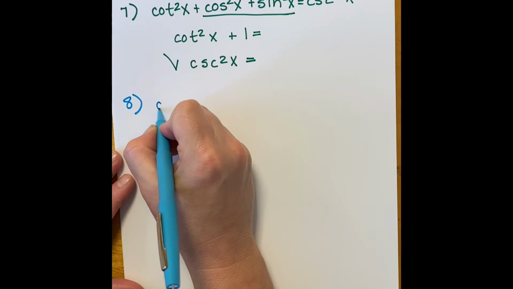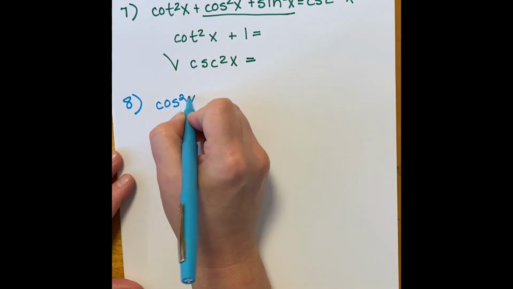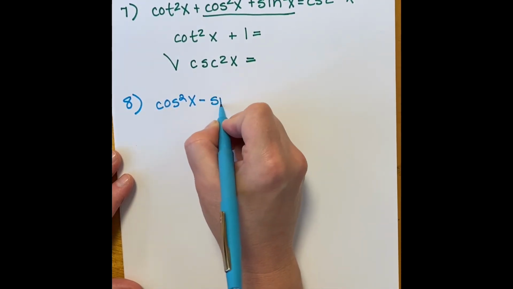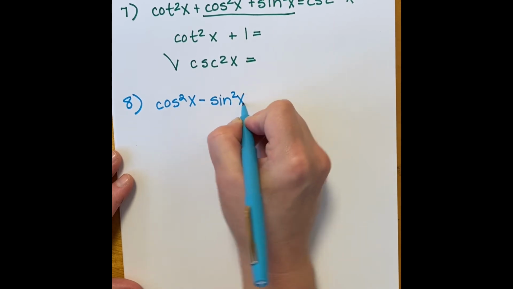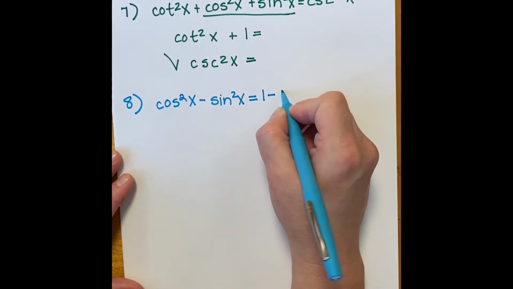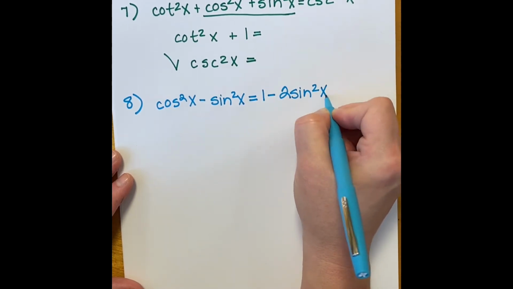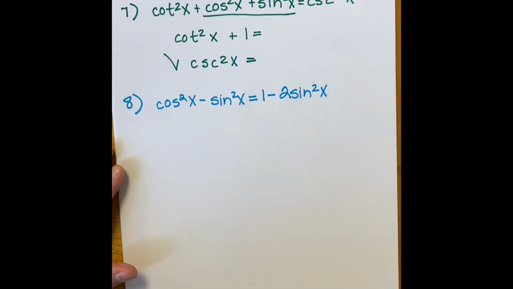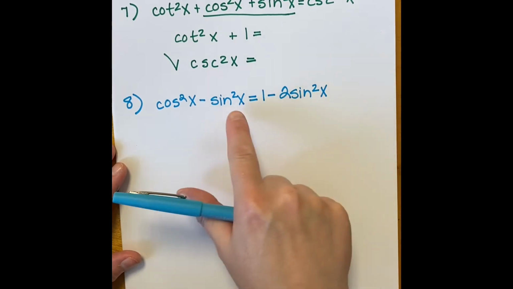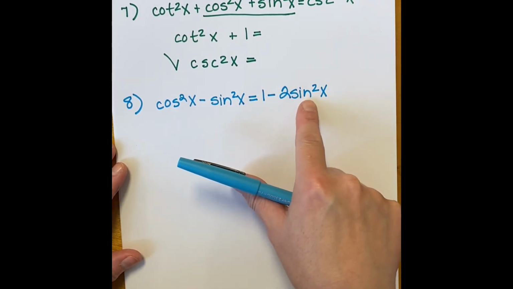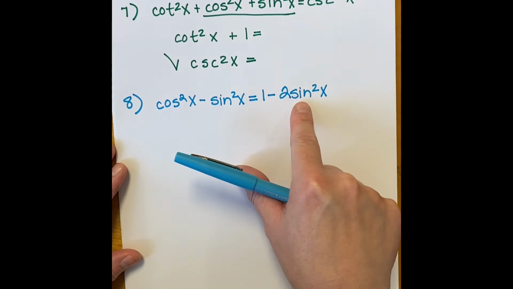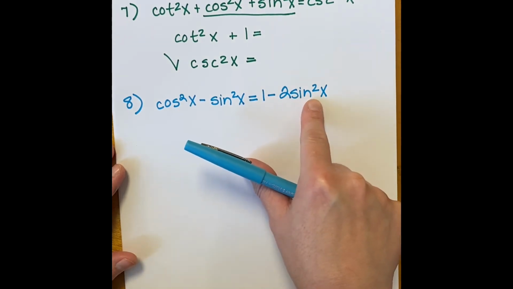All right, let's do cosine squared of x minus sine squared of x equals 1 minus 2 times the sine squared of x. Well, I got a negative sine squared, and over here I got minus 2 times sine squared.